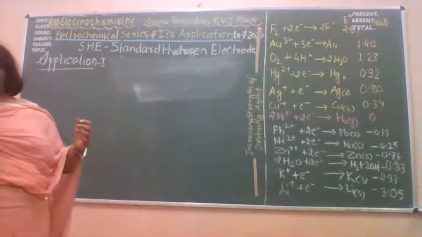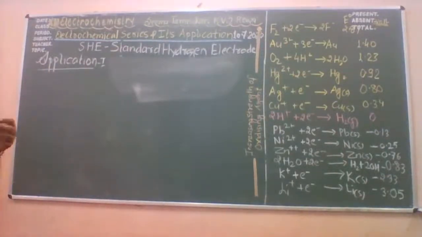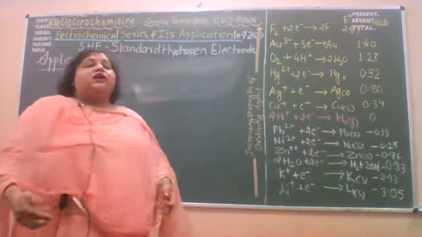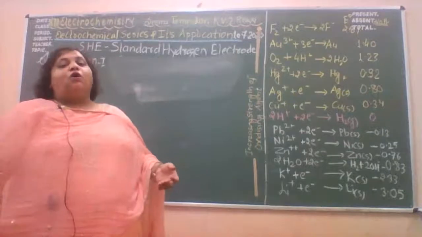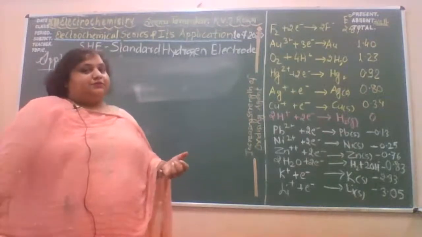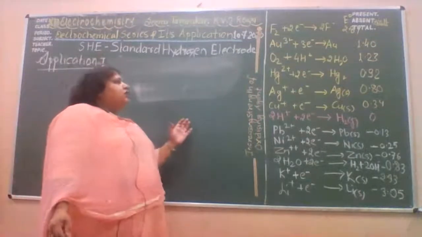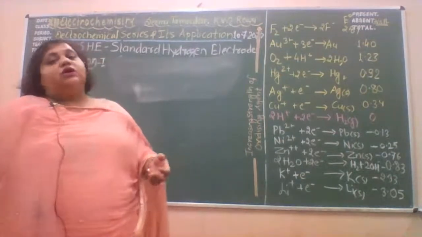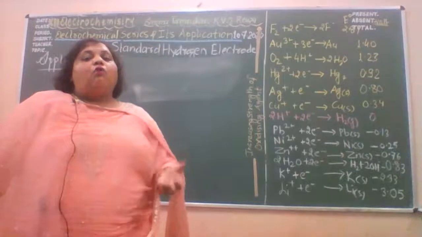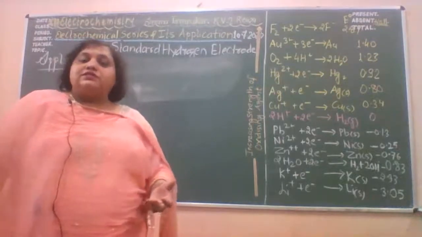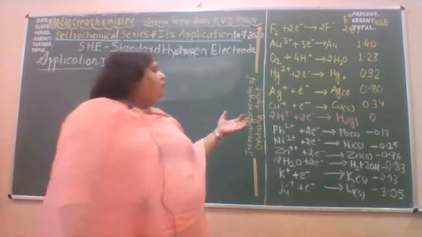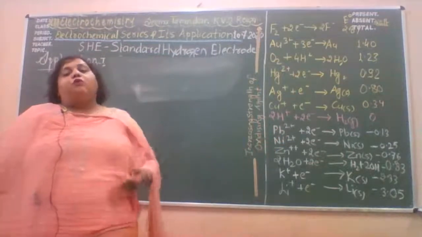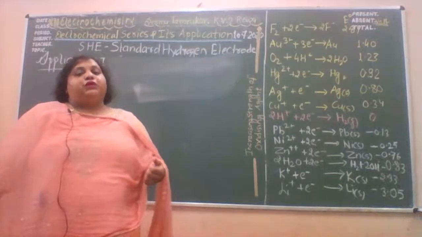The second application is again a very important thing in the entire study of electrochemistry. Sometimes you cannot measure the electrode potential or the cell potential of a galvanic cell; with the help of this series, you can calculate the value of standard cell potential.